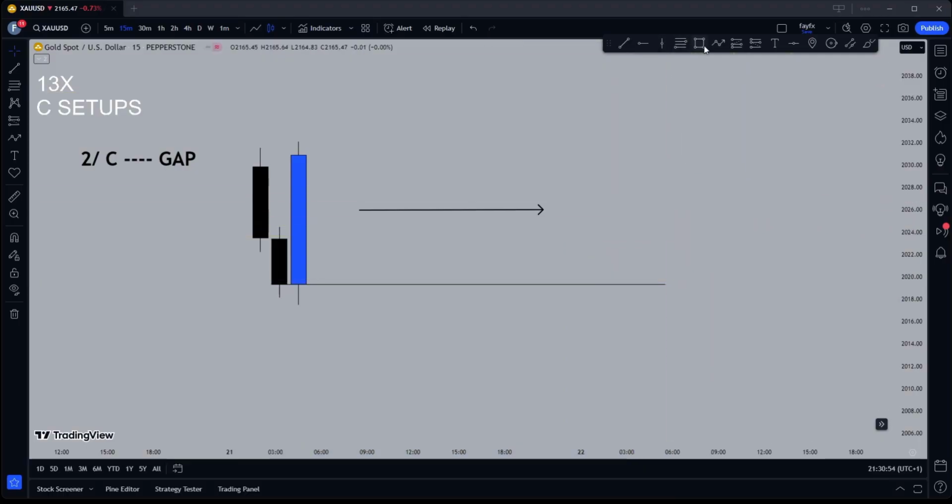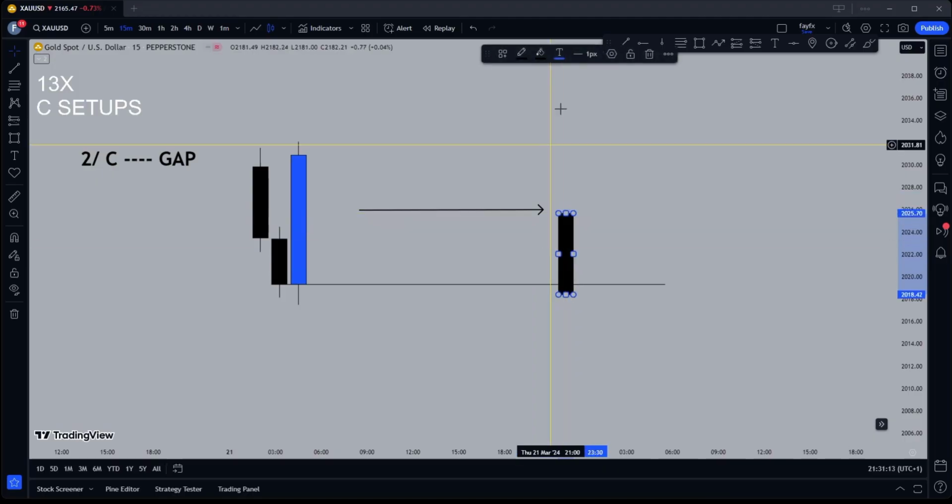A gap. How to find this gap? So let me draw this. We'll find it like this. See the gap.